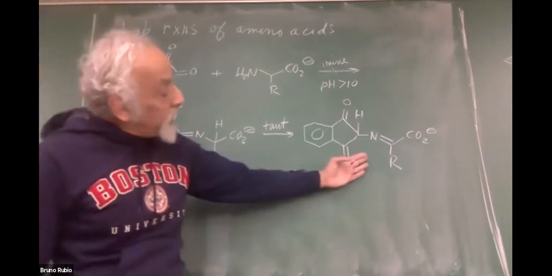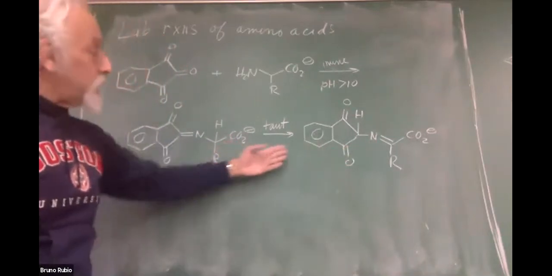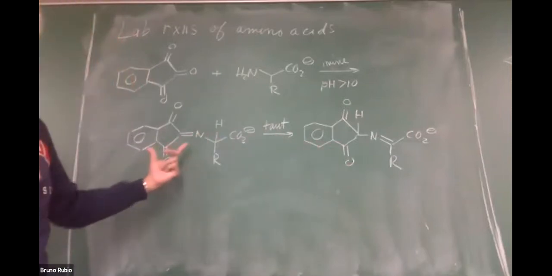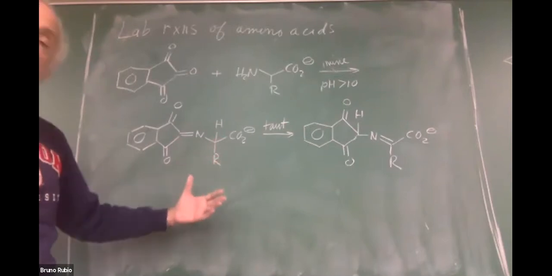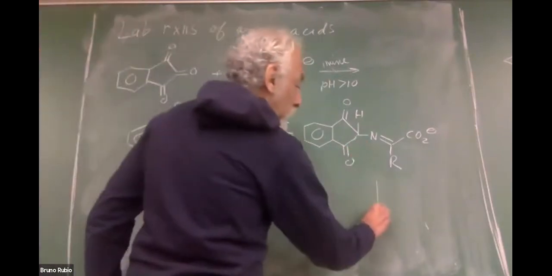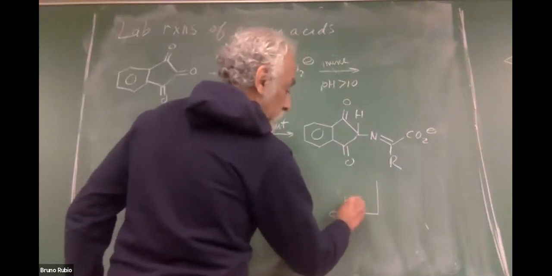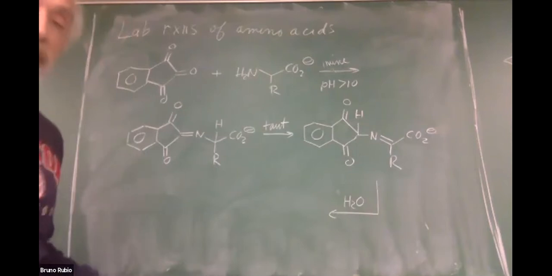And what I see here is, oh, that's a new imine. That's an imine, that's an imine, but the double bond has been isomerized. And I know that imine formation is reversible. So if I add water to this, I'm going to get hydrolysis of the imine.